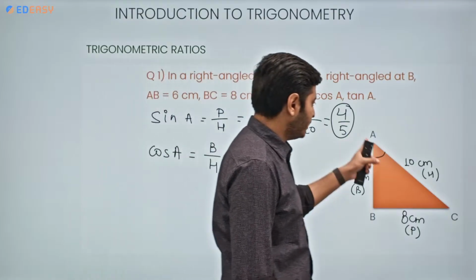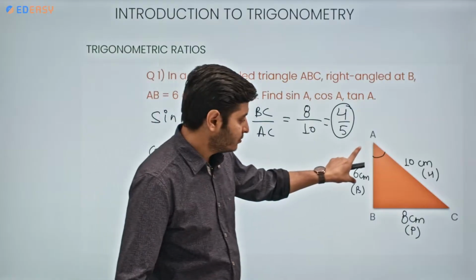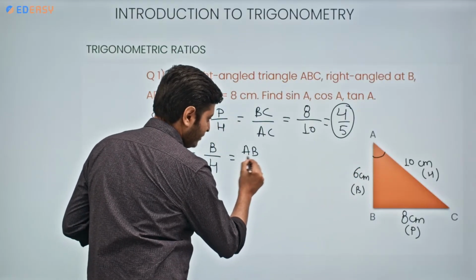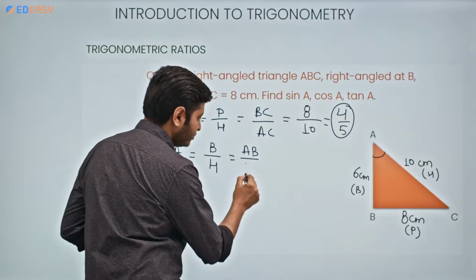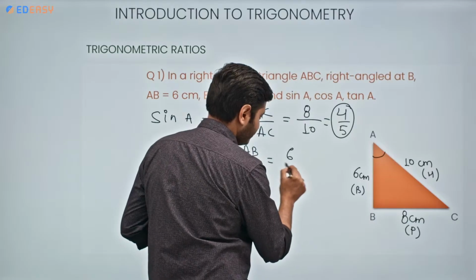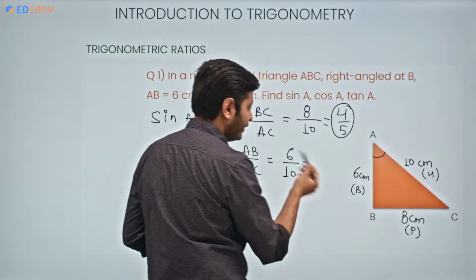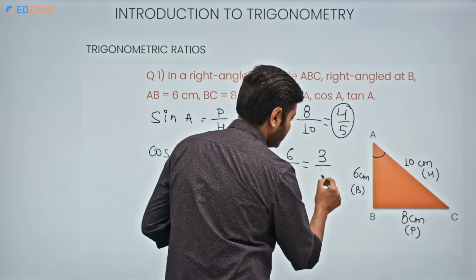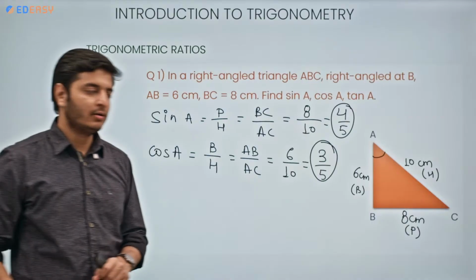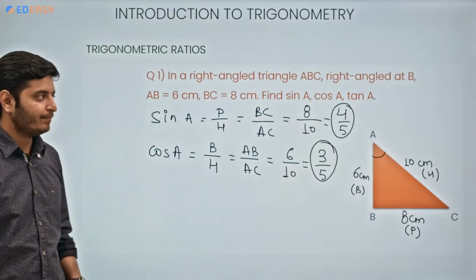If we are referring to angle A, then base is AB, hypotenuse is AC. Length of AB 6, length of AC 10. But this can be simplified further. So 3 by 5, because these have one common factor 2. So we can eliminate that and we are left with 3 by 5.